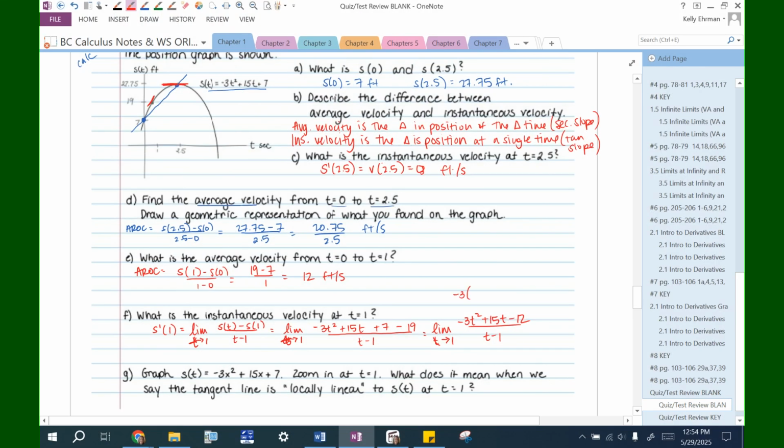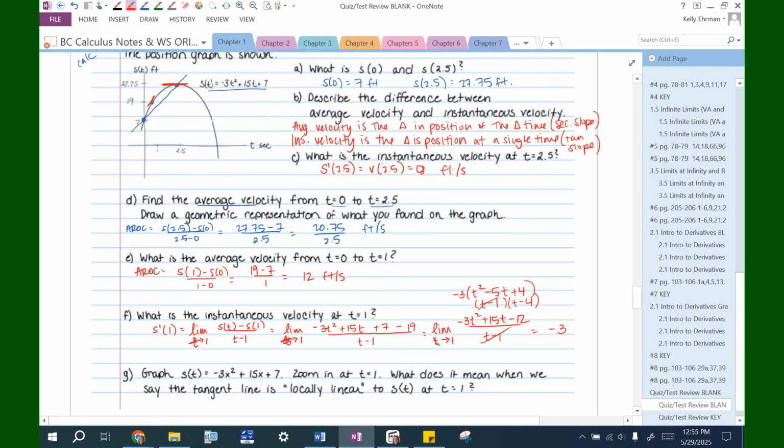Let's factor a negative 3 out of that to see if it factors. Yep, I get t minus 1, t minus 4. The t minus 1s can cancel. So if I take this limit, I get negative 3. Oh, well, that's not right. Negative 3. Did I mess up my math somewhere? Okay, let's see.